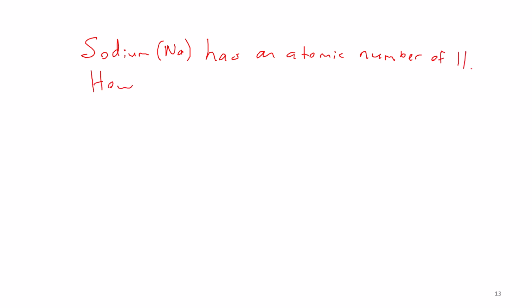So then I will ask you, how many valence electrons will the atom have? Well, of course, I'm giving you the atomic number. So you can do basic math to figure this out, but I think drawing it is much better.